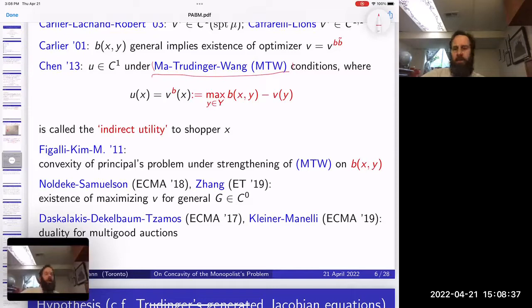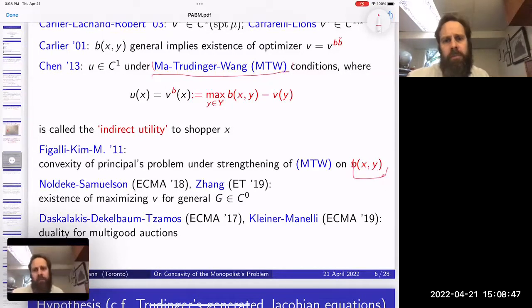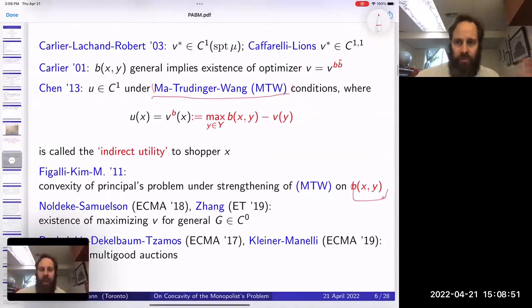I don't know how to address whether it's convex in V or not, but I can tell you when it's convex in U. And it turns out to depend very sensitively on the choice of benefit function. In fact, the bilinear function of Rochet and Choné is kind of on the boundary of benefit functions for which the monopolist problem is convex.